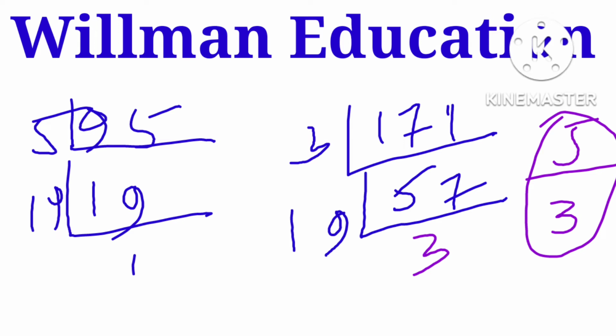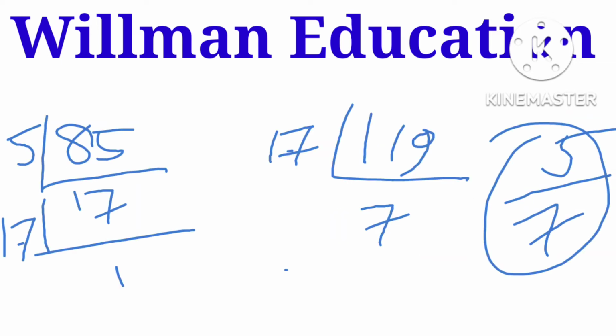You must know the tables, because tables are very important. In every area of mathematics, your knowledge of tables is tested. Number 2, work is done over here through the prime factorization method. Over here the answer is 5 by 7.